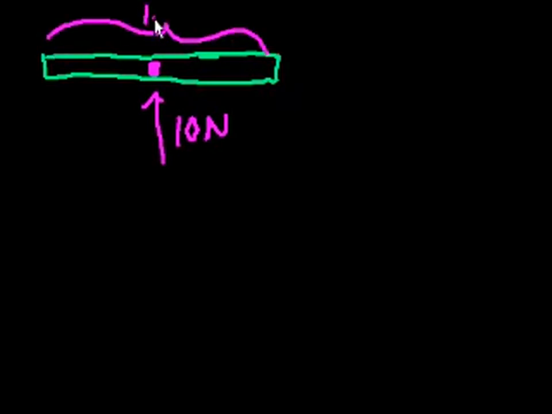And I'll tell you why I picked this point, because that is pretty close to where the center of mass will be. If the center of mass is there, and let's say the mass of this entire ruler is, I don't know, 10 kilograms. If a force is applied at the center of mass, let's say 10 newtons, right? So the mass of the whole ruler is 10 kilograms.